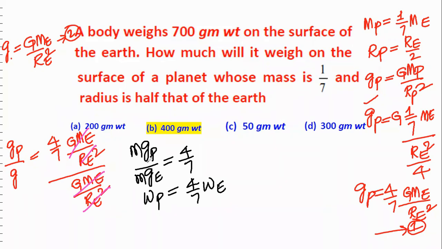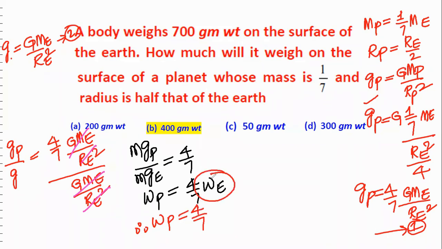Both numerator and denominator I have multiplied with mass. Then I'll get weight of the body on the planet. mGe means what? Weight of the body on the surface of the Earth. Therefore, weight of the body on the planet is equal to 4/7 into weight of the body on the Earth.